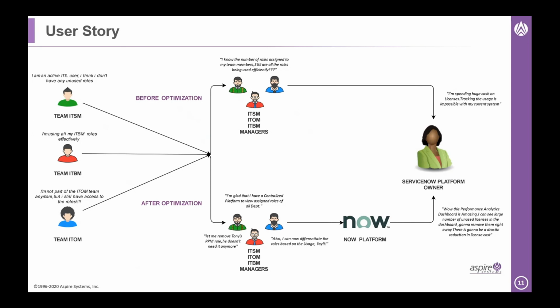Here the difference comes in: we really don't have track of the roles assigned to people. We would have assigned a project portfolio or a customer service management role to an individual at one point in time with a valid reason, but most companies don't go back and remove those roles once it is done, because we don't have those insights.